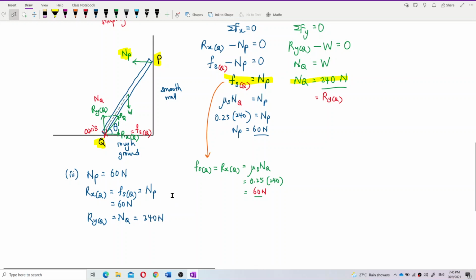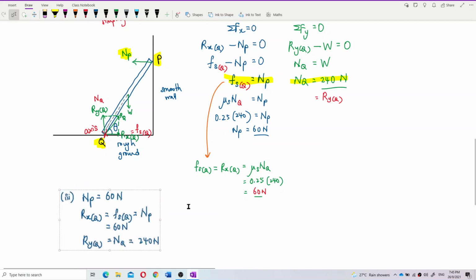But for point Q, you need to find the resultant, not just the Rx and Ry. So we can find the Rq. Use the Pythagoras theorem.